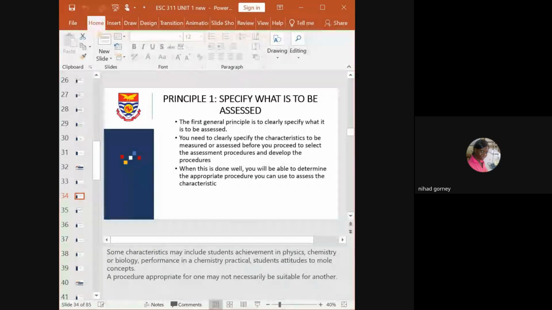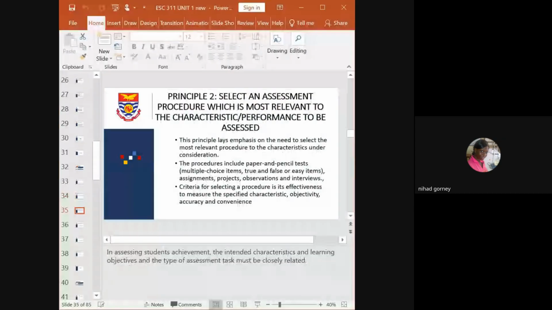The next thing is for you then to select the best procedure for the assessment that I want to do. For the characteristics I want to assess, what will be the best tool or procedure for it? And so this is the principle that will let you know that there's a need to select the best procedure.